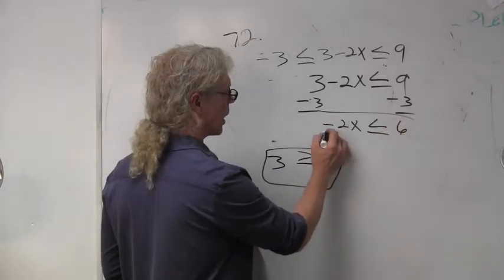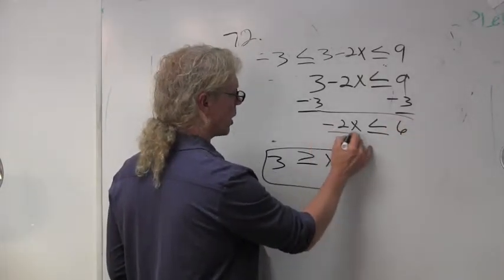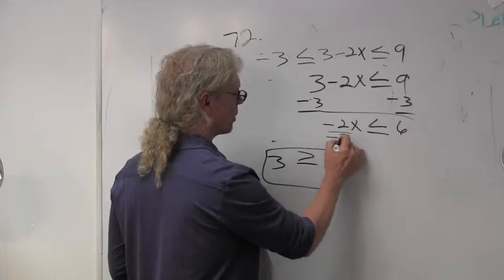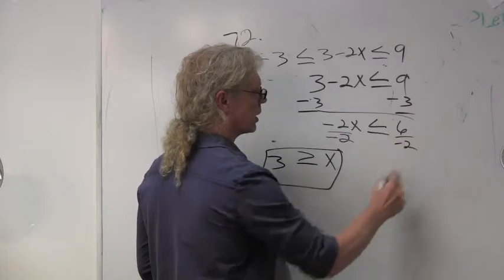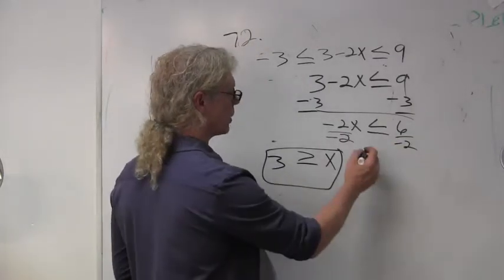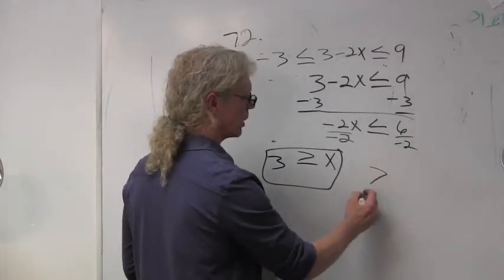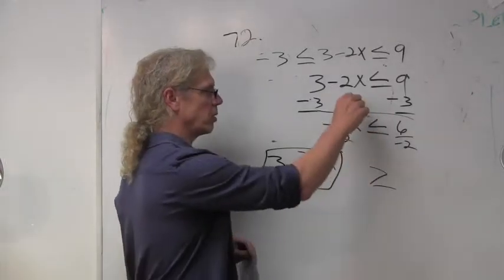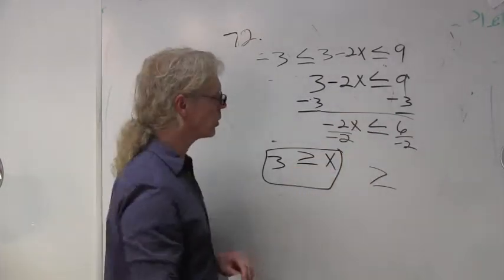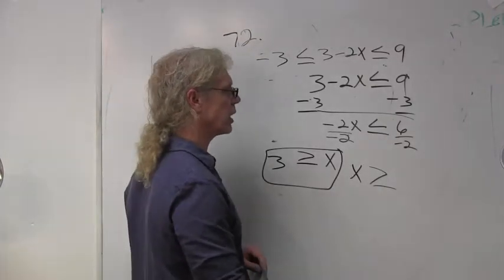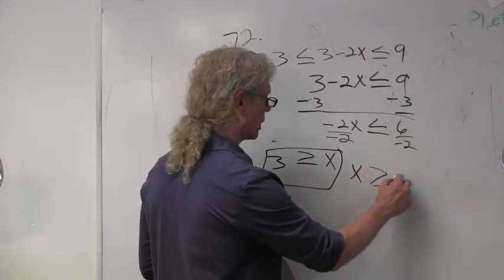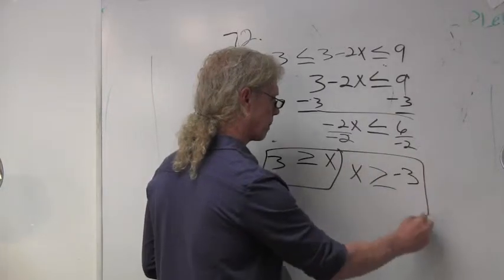I have a -2x, which I want to make a positive x. I will divide that by -2. I will also divide 6 by -2. I will then flip the inequality from less than or equal to, to greater than or equal to. That will leave me with x is greater than or equal to -3.